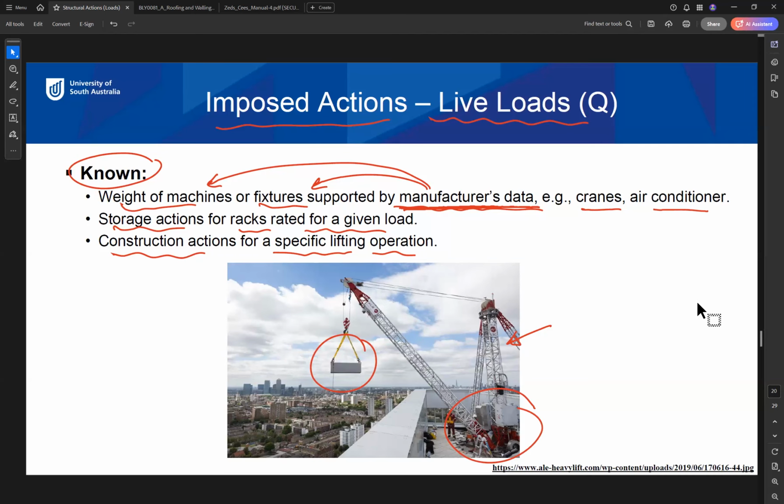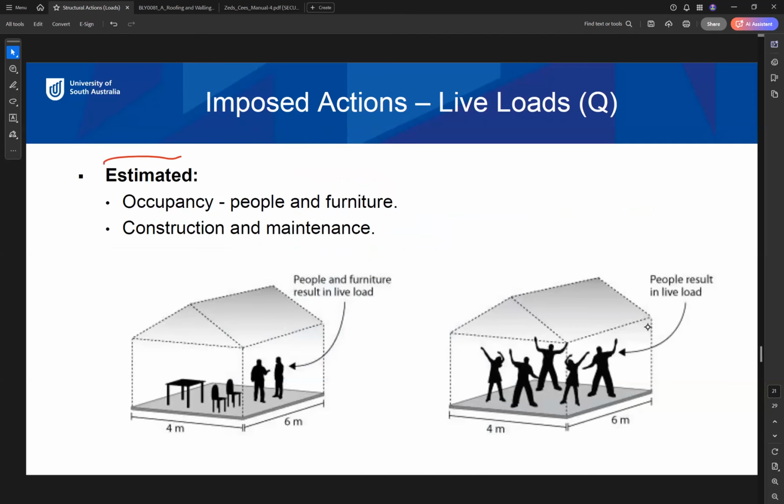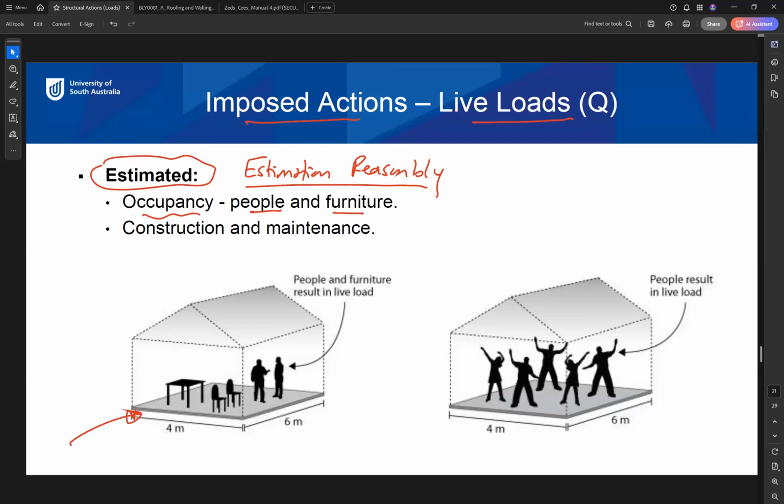So this is a known live load, where we can have a specific value. Some other live loads are not exactly known for us, so we need to make a reasonable estimation of the load. For example, based on the occupancy of the building, like weight of people and furniture. If you are designing this house, you will design the house for a value of live load. This value depends on estimation.